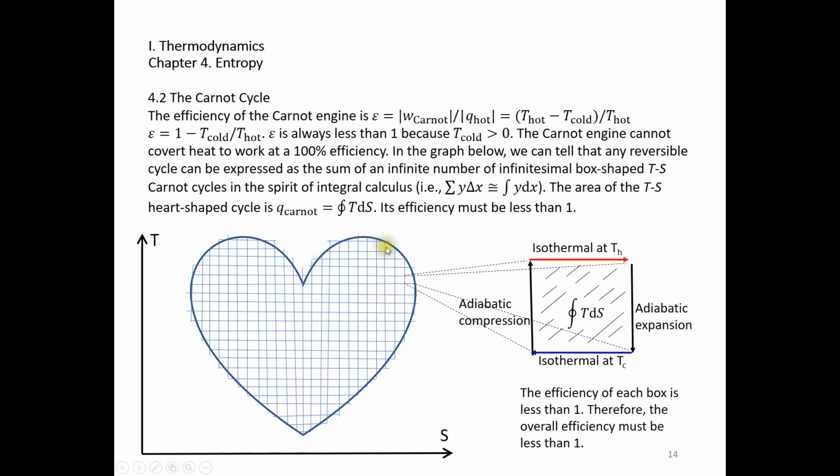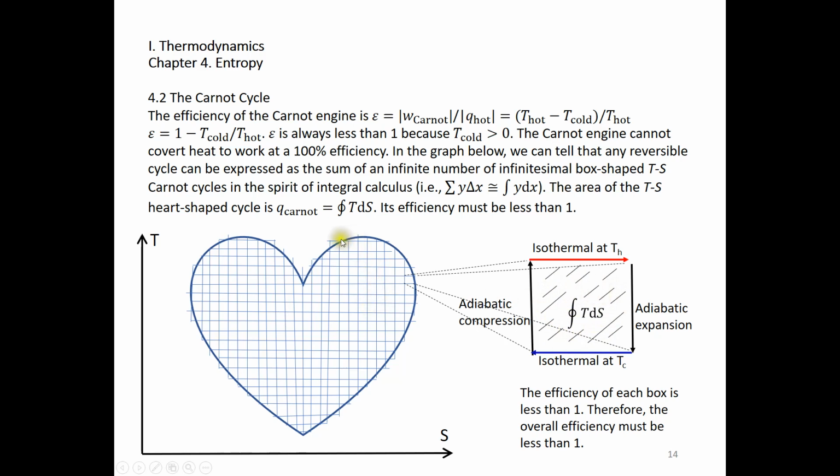Because if you look at this process, if this process is reversible, we can divide this process into an infinite number of small rectangles. In each rectangle we have a Carnot cycle. So this is isothermal expansion, adiabatic expansion, isothermal compression, and adiabatic compression. And over here we have the cyclic integral of TdS, and this is just the amount of Q in a Carnot cycle.